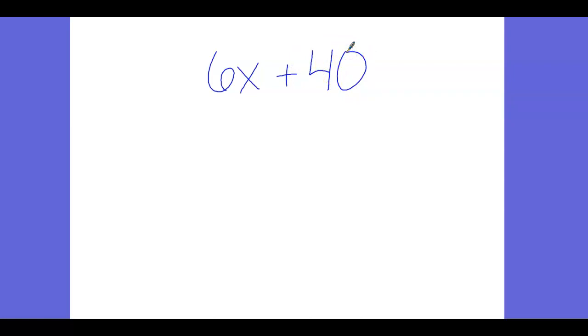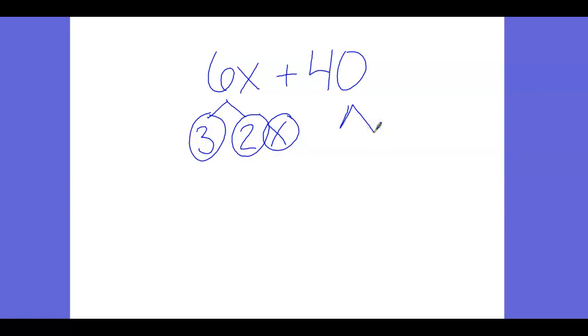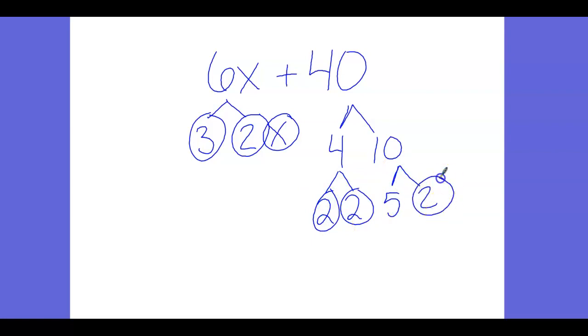Okay, what can I break 6x into? 3 and 2. And then x, and those are all prime now. What can I break 40 into? 4 and 10. 4 becomes 2 and 2, those are prime. 10 becomes 5 and 2. So I've got all my prime numbers, right?